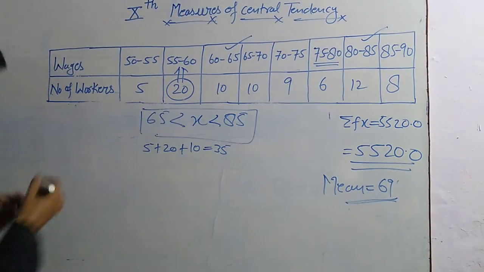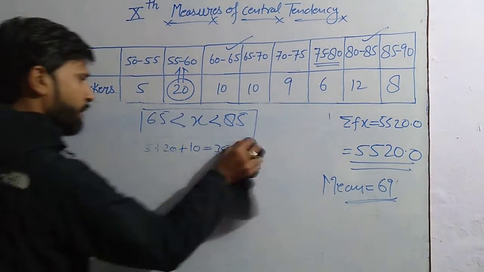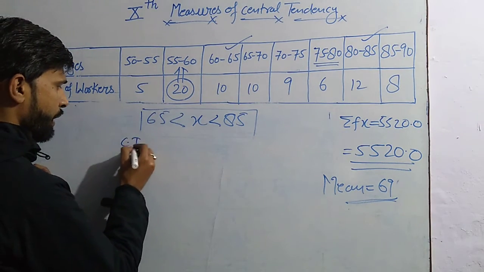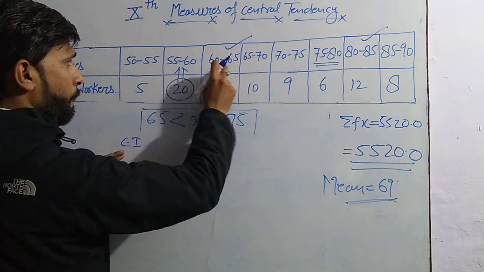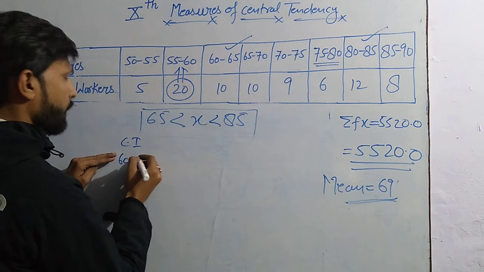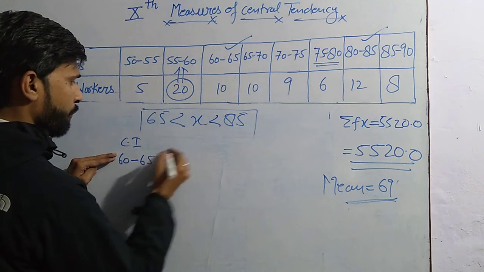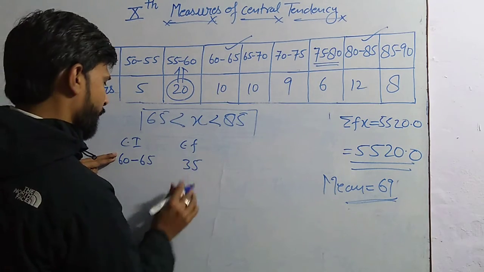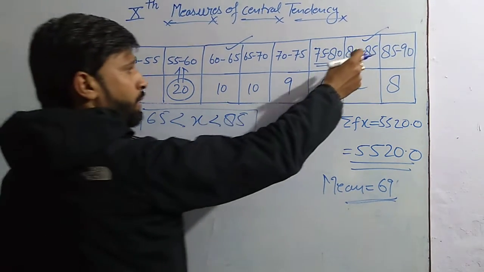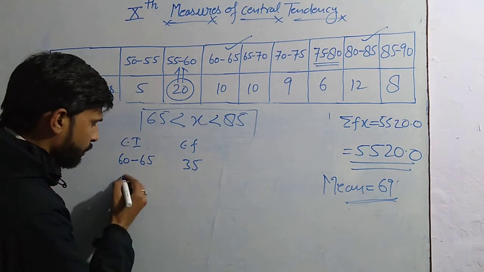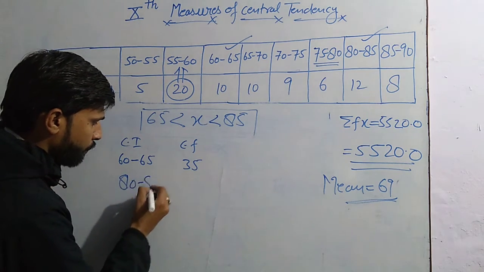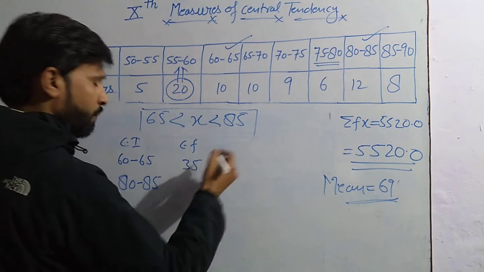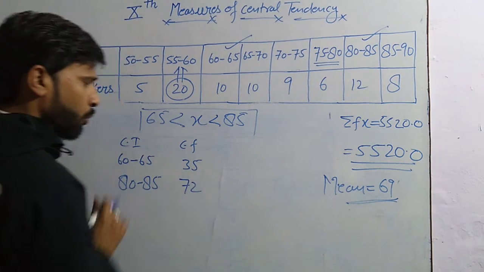The value may be written in this form: class interval 60 to 65, the cumulative frequency is 35. In class interval 80 to 85, the cumulative frequency is 72.